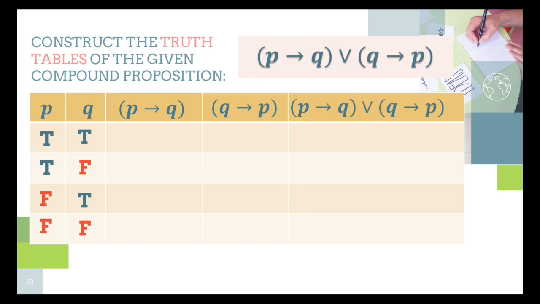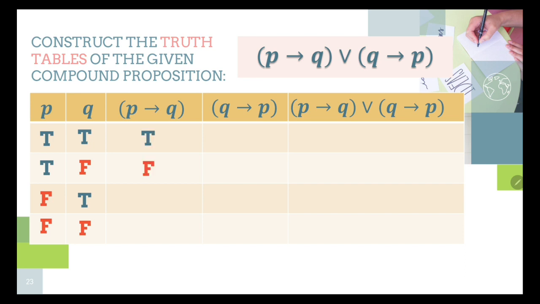So let's start with the conditional if P then Q. For conditional, you have to remember the only time that it will become false is when you have a true first statement, then it will give out a false consequent. So true, true, it's true.